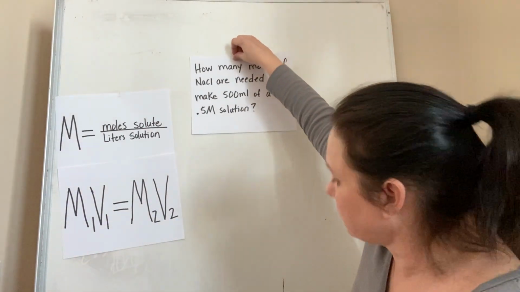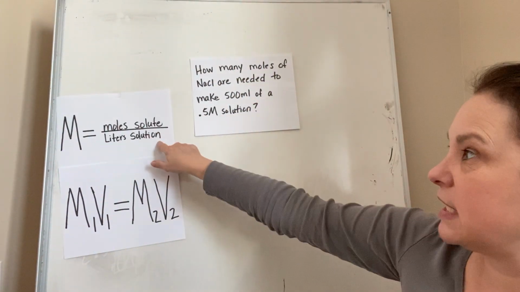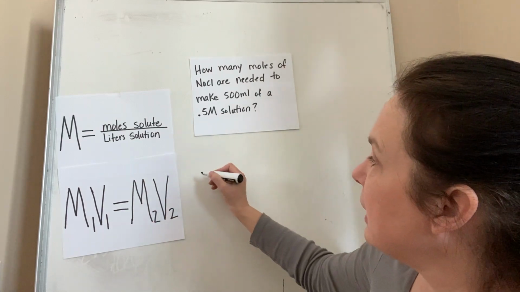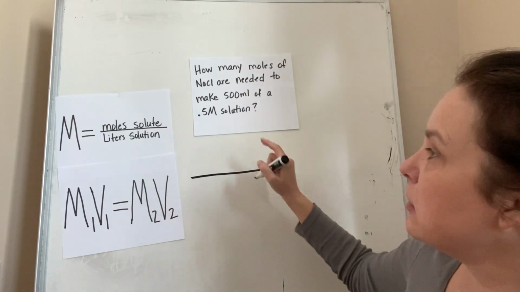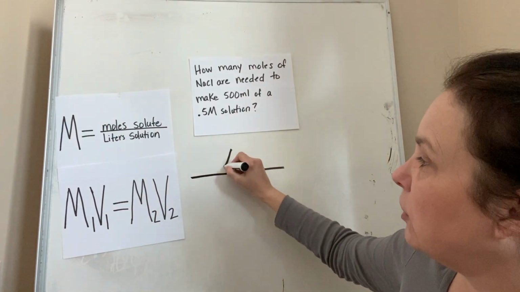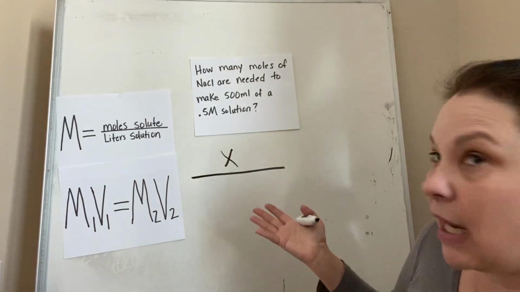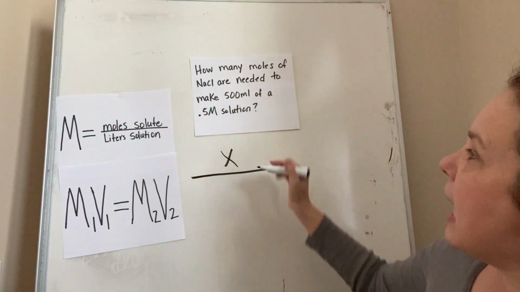So we're basically going to identify that this is the formula we're going to be using, and to get the molarity, I need the moles of the solute, and do you agree that's what I'm solving for? It says how many moles, so in the top, that's what I'm solving for.